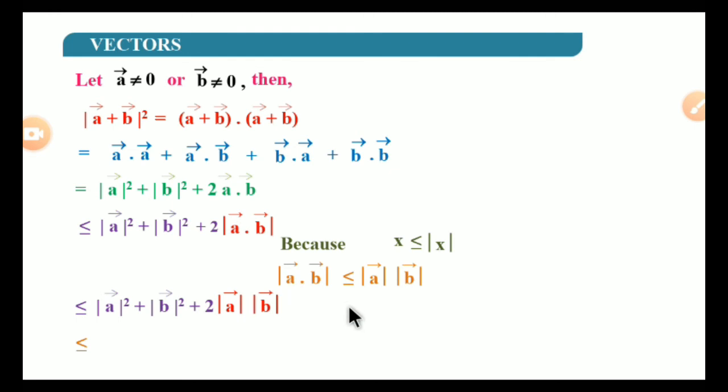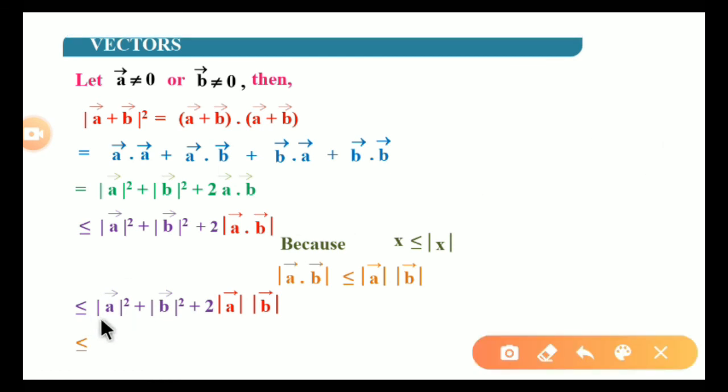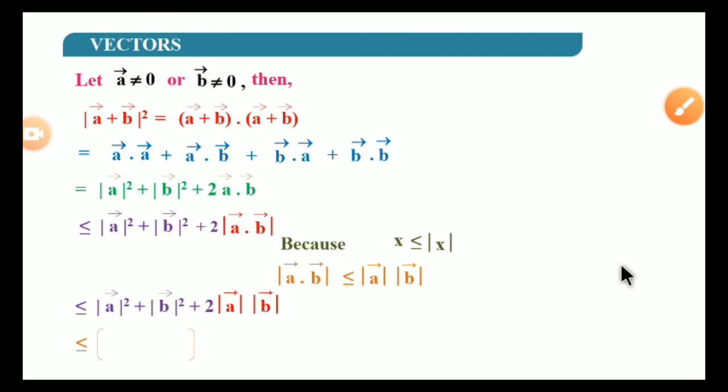because this is also less than or equal to this term, as we have already studied in the previous Cauchy inequality. So the magnitude of A dot B is less than or equal to the magnitude of A times the magnitude of B. Similarly, this magnitude of A dot B is less than or equal to the magnitude of A times the magnitude of B. So after considering this whole expression, it becomes the magnitude of A plus the magnitude of B whole squared.